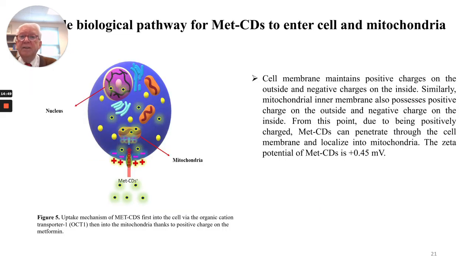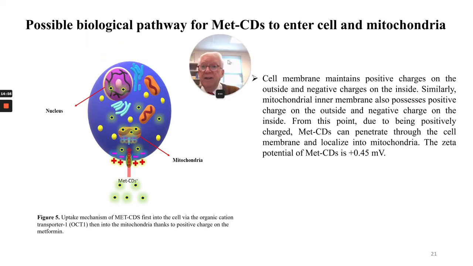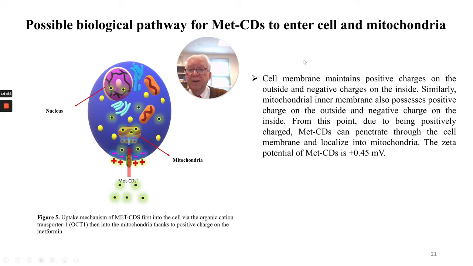So the next slide shows the reason why this carbon dot goes into the cells. It is related to the fact that the met carbon dot is electropositively charged, and we know that the inside wall of the mitochondria is negatively charged.